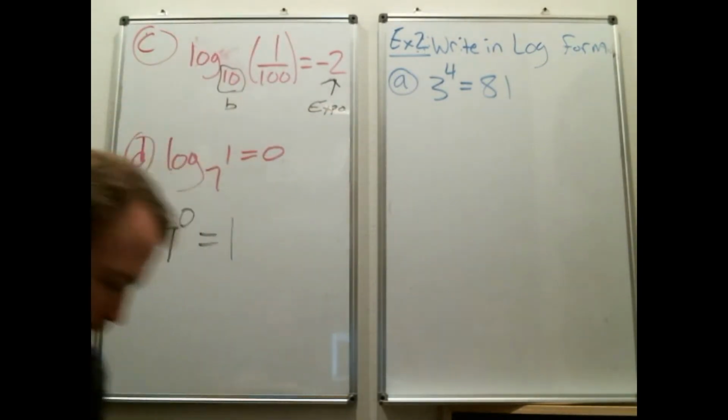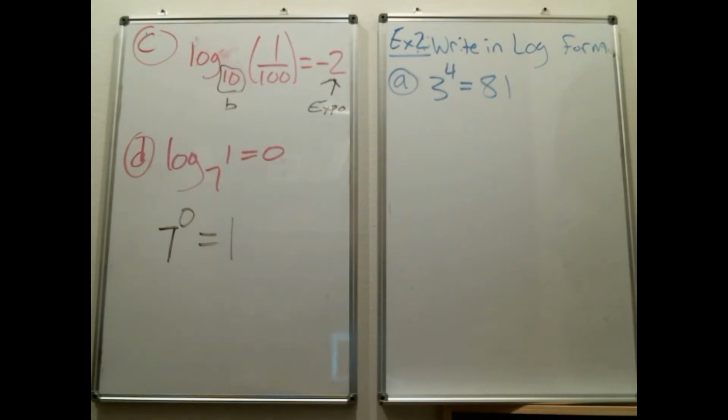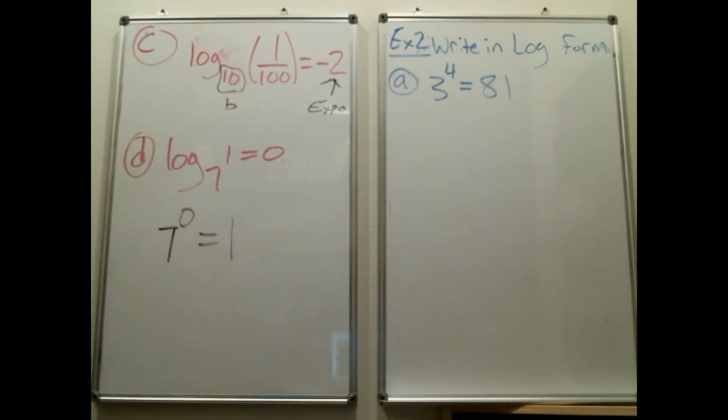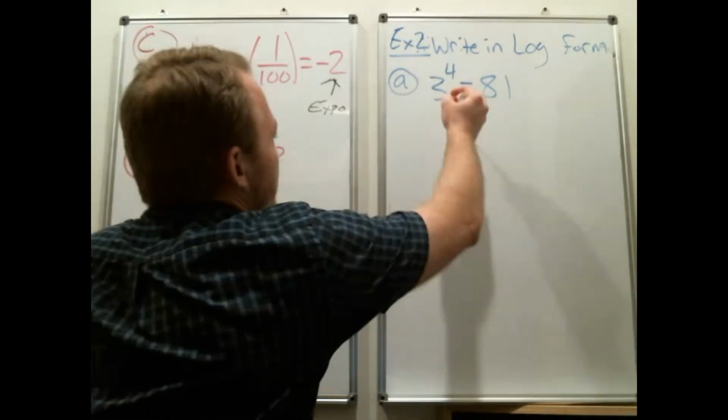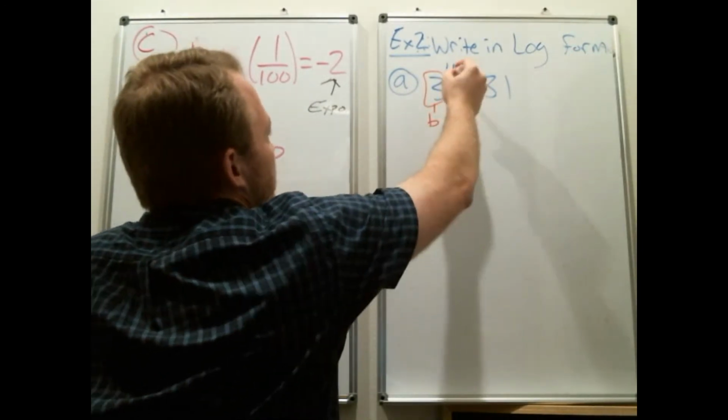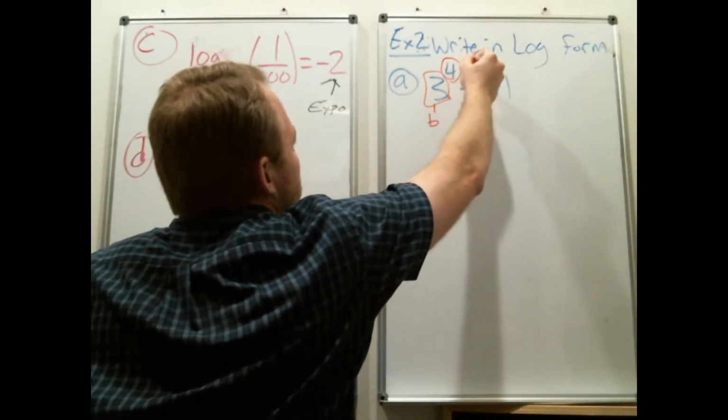And we're going to start out kind of the same way that we did on the previous example. We're going to ask ourselves, what's our base, what's our exponent, and what's left over, which just falls into place by default. So this 3 is my base, this 4 is my exponent.